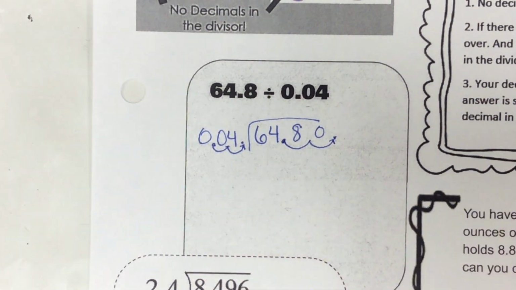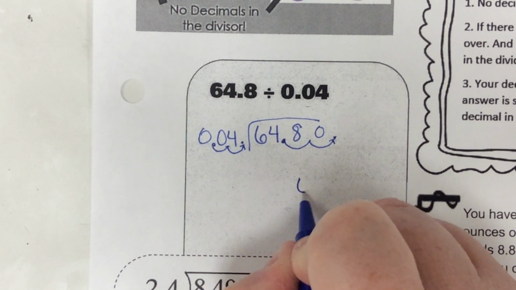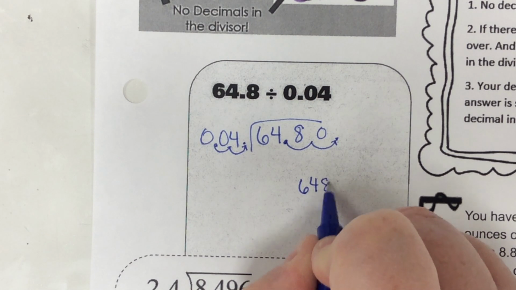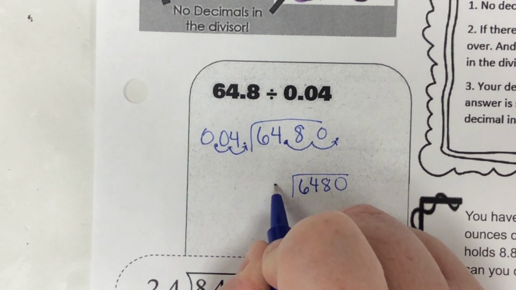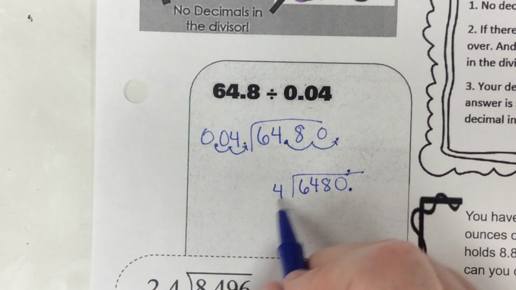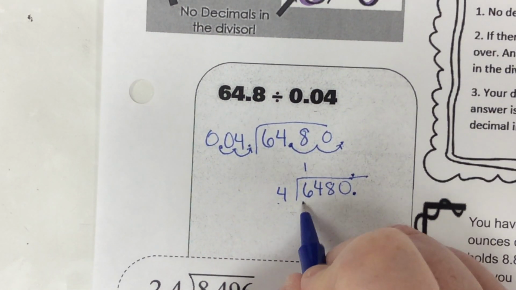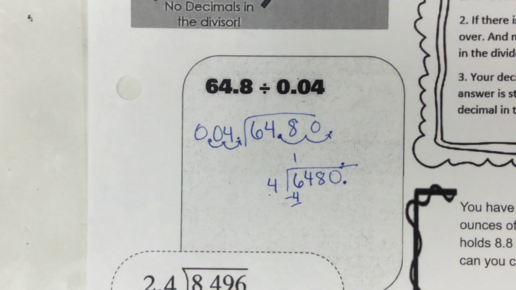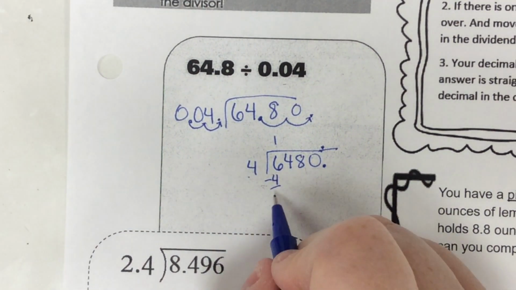So now I'm going to rewrite it just to make it a little neater. What I'm really going to have now is 6,480 divided by 4. I have no decimal here now, so that's a normal division. 4 times 1 is 4, and now subtract and get a 2.